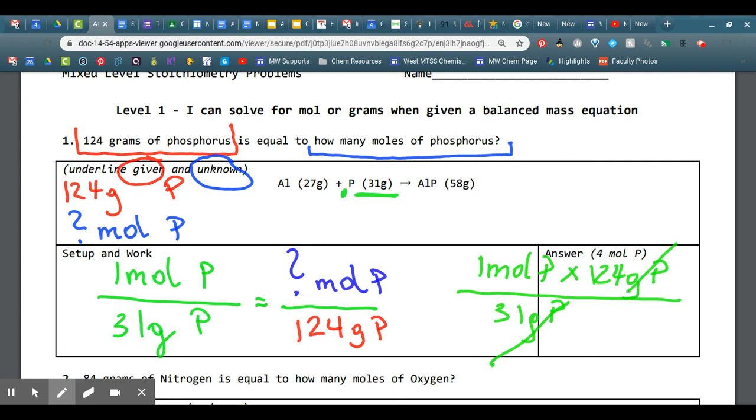And when you do 1 times 124, it's 124 divided by 31. That will give you 4 moles of P, and you should be able to check your answer within that same box. Thank you.